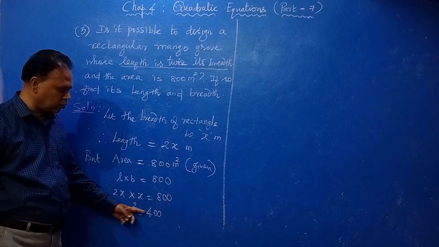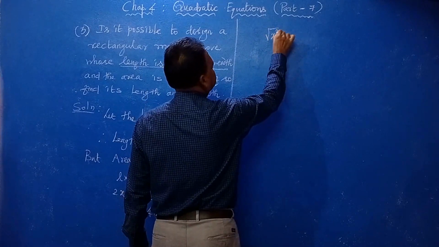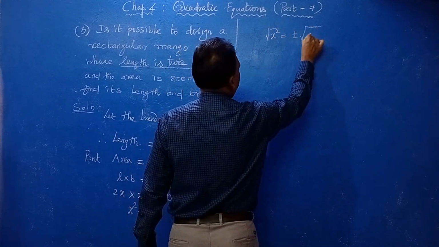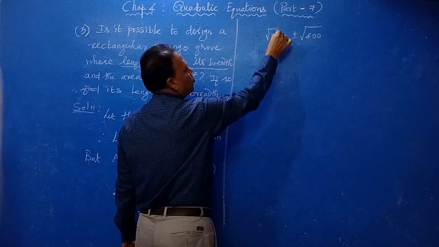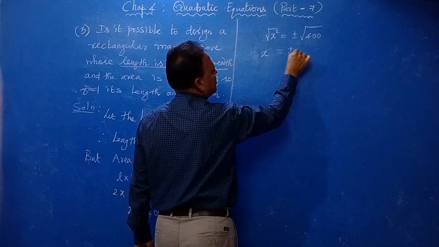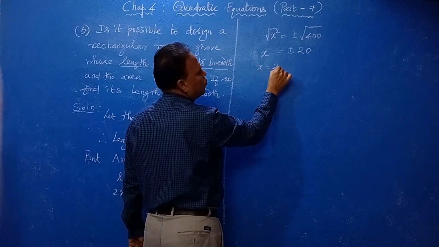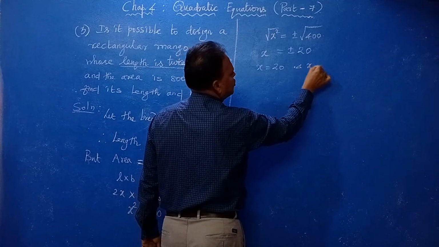Here x squared equals 400. Therefore, taking square root on both sides, x equals plus or minus square root of 400, which is 20. Therefore, x is equal to 20 and x is equal to minus 20.